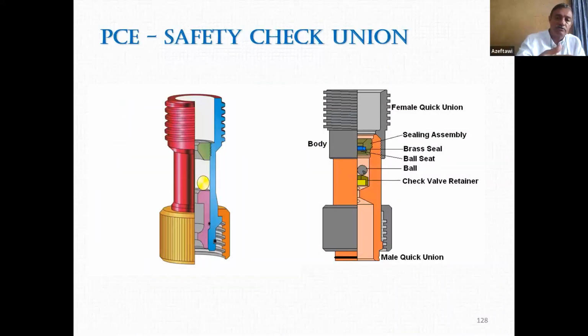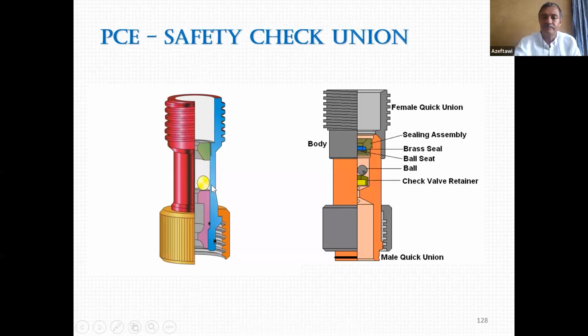This is how it looks. This is the Safety Check Union. When the wire is inside, the ball, this yellow stainless steel ball, is on the side. But the moment the wire is above this ball, the ball will drop to the middle.